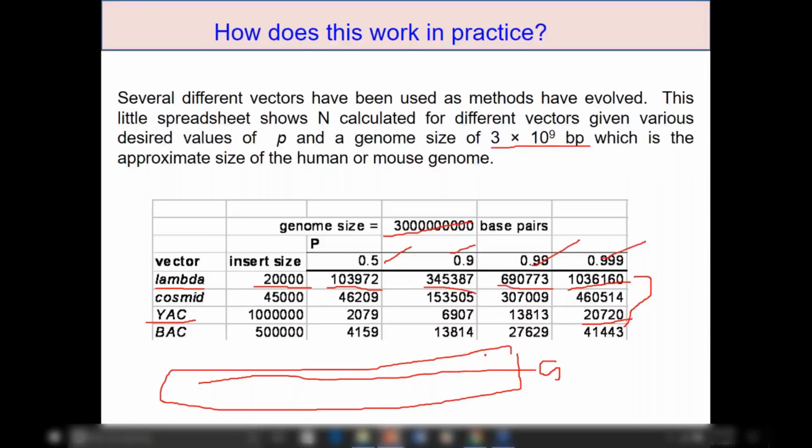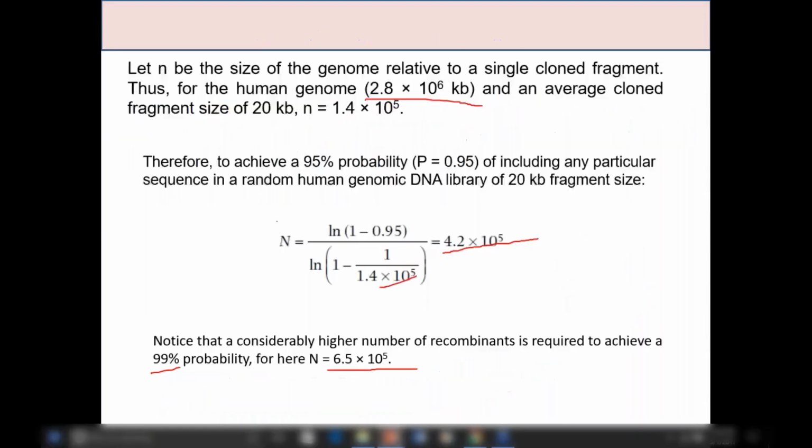At least 95, but my expectation is 99%. Why 99 here? If I want 95%, I need only this many clones. If I need 99%, I need this many plasmids.